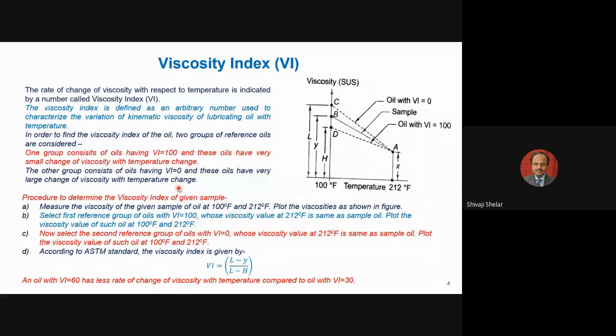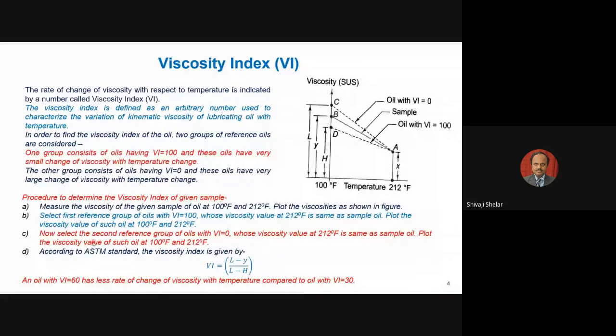So we take three oils: one reference oil having viscosity index 100, one reference oil having viscosity index 0, and the other oil whose viscosity index we are going to determine. With these oils, we have to plot a diagram. I am explaining the procedure to determine the viscosity index for a given sample.